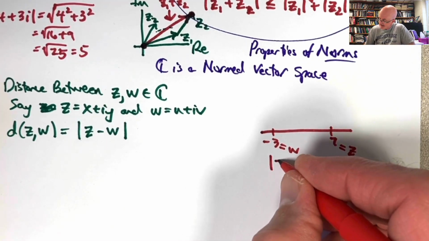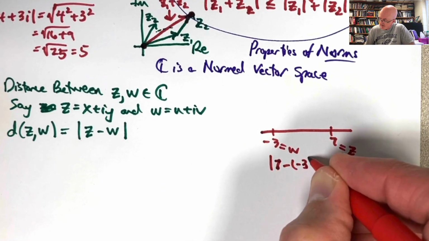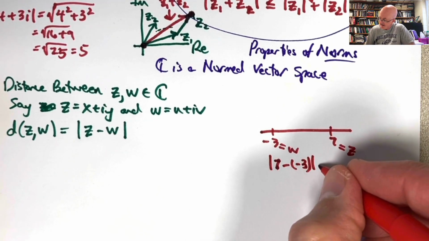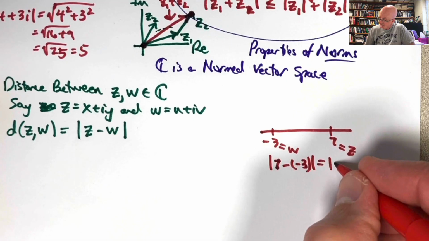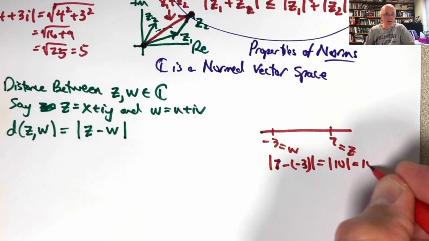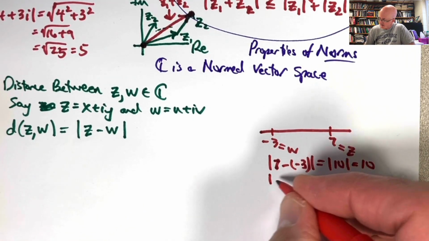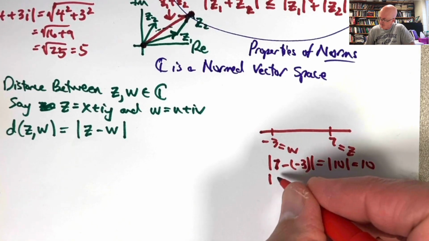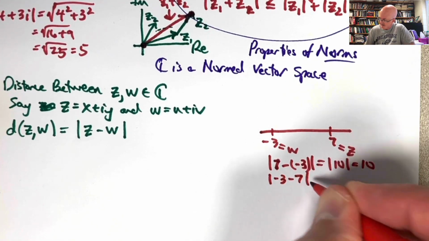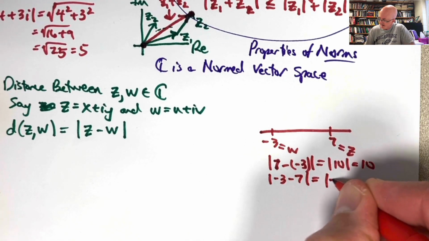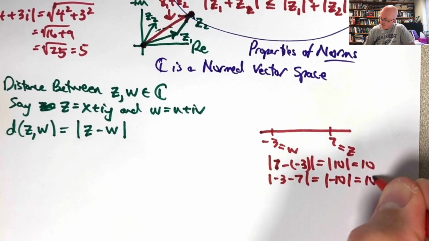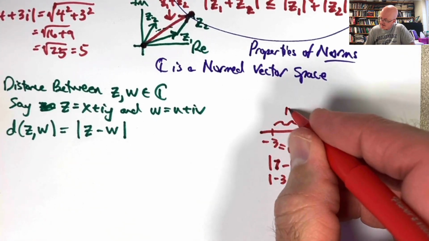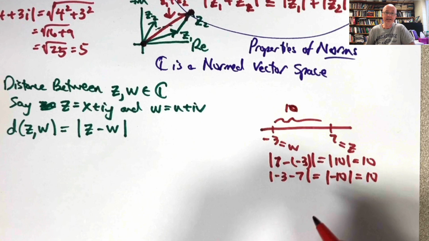The modulus of 7 minus -3, you could again call that the absolute value, is the modulus or absolute value of 10, which is 10. And you could do it the other way around. This is symmetric in z and w. You could do -3 minus 7 instead and take its absolute value. That's the absolute value of -10, which is also positive 10. And indeed, geometrically, you see that is the distance between z and w.